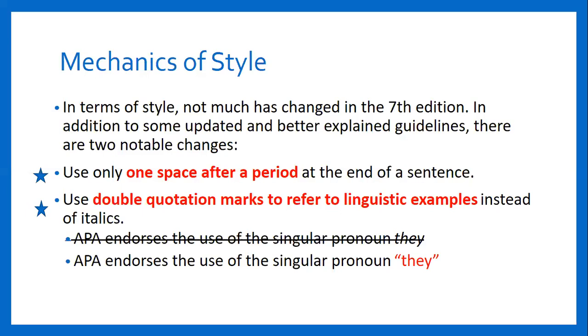And the other one, you use double quotation marks to refer to linguistic examples instead of italics. And the example also leads to another APA change. APA now endorses the use of the singular pronoun they. So no longer italics, use quotes for linguistic examples.